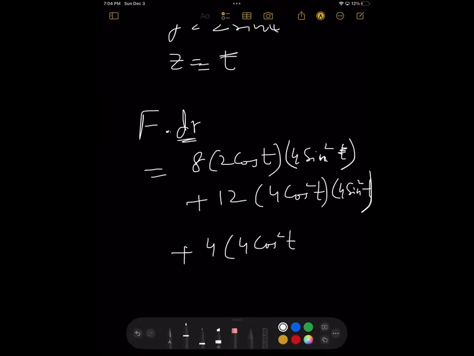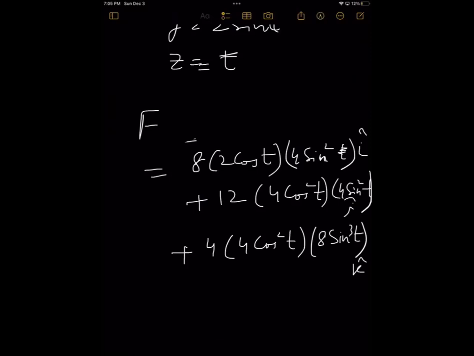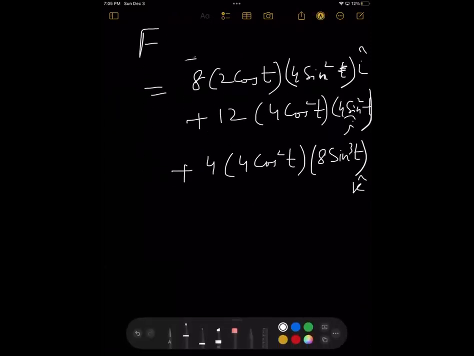This is my f only. Okay, 4 cos square t and 8 sine cube t. So this is i, this is j, and this is k. So let's go for the f dot dr.